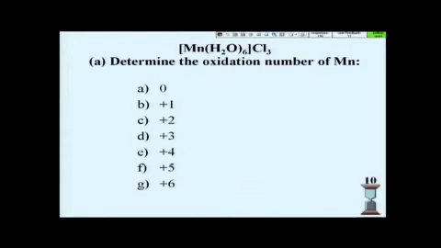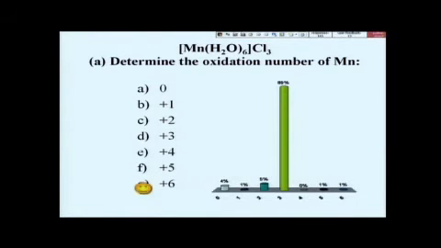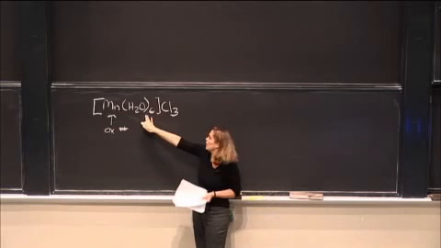Okay, let's just take 10 more seconds. Okay, so let's look at that one for a minute. People did very well on that. So what's the overall charge in this coordination complex?